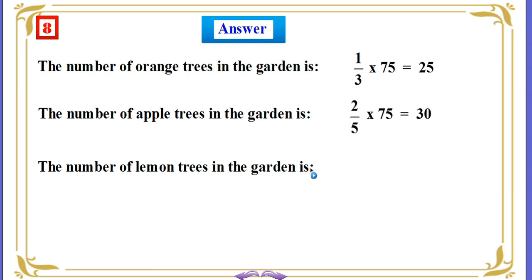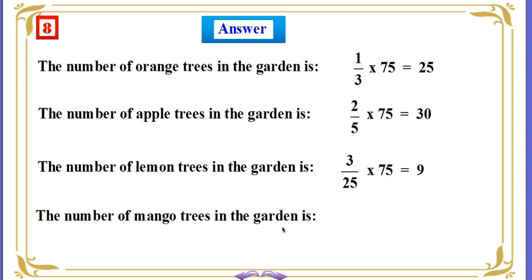And the lemon trees are 3 over 25 multiplied with 75, and you have 9 lemon trees. Now the last is the mango trees. You take 75 trees, subtract the trees including orange, apple and lemon. You have 11 mango trees.